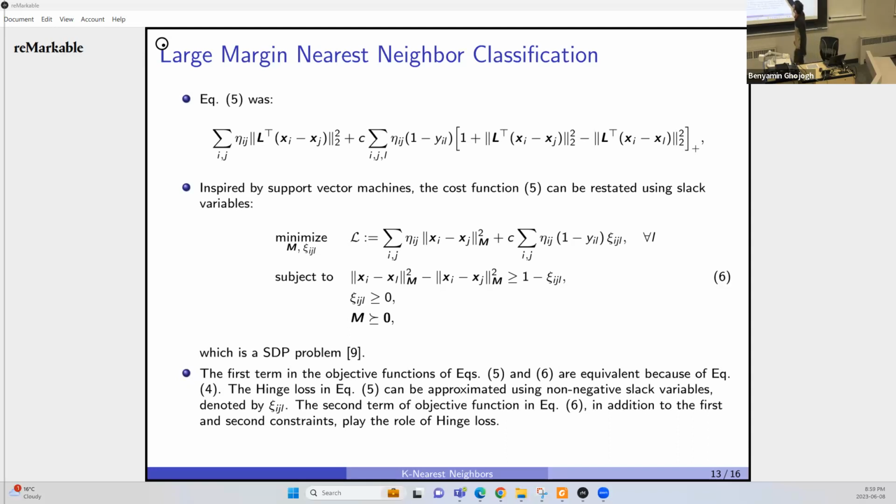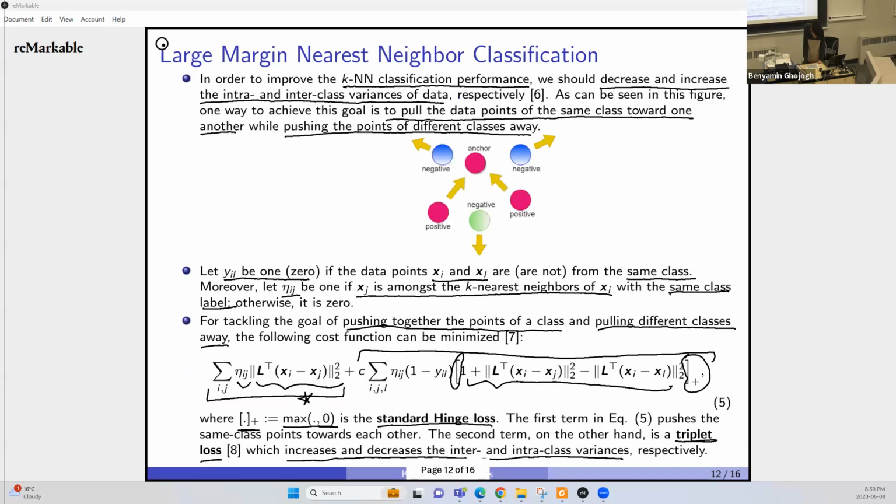So if we consider xi to be the anchor, and xj is one of the k nearest neighbors of xi with the same label, it is a positive. If it is a positive, then eta ij is 1. 1 minus yil, what does it mean? What was yil? Yil is 1 if xi and xl are from the same class.